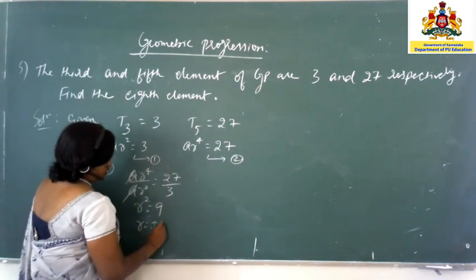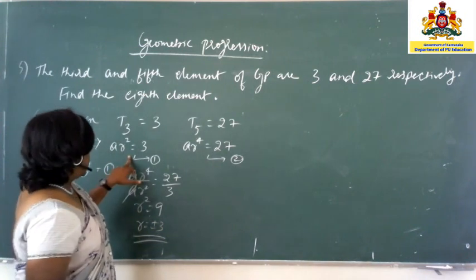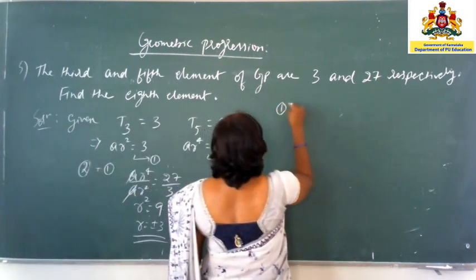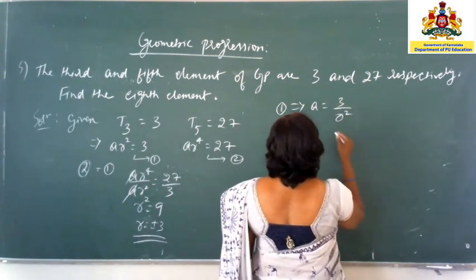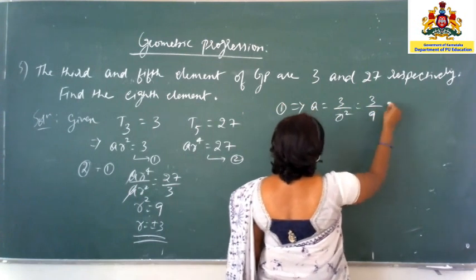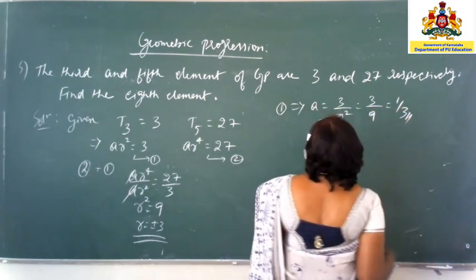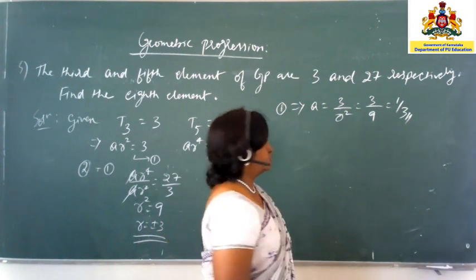R is equal to plus or minus 3. So consider 1. So 1 implies A is equal to 3 by R square, that is 3 by 9, 1 by 3. A is equal to 1 by 3, R is equal to plus or minus 3.